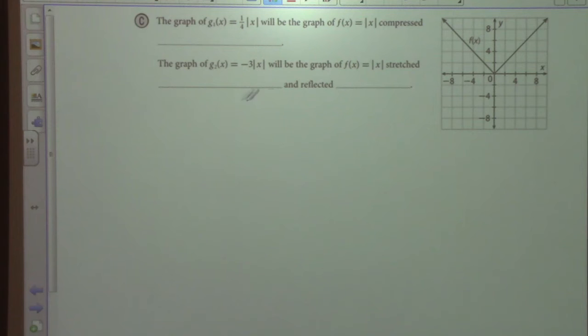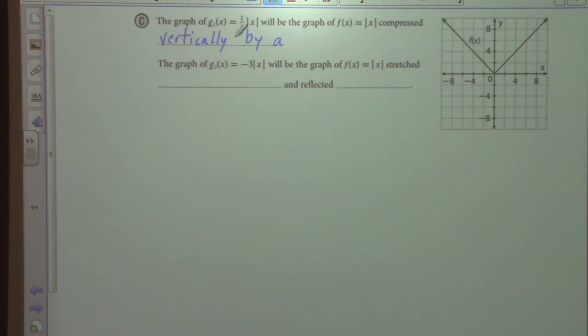Okay. Here we have the graph of g of x equals 1/4 absolute value of x. It will be this graph compressed, and how would we say that? Compressed vertically by what? What is this 1/4?